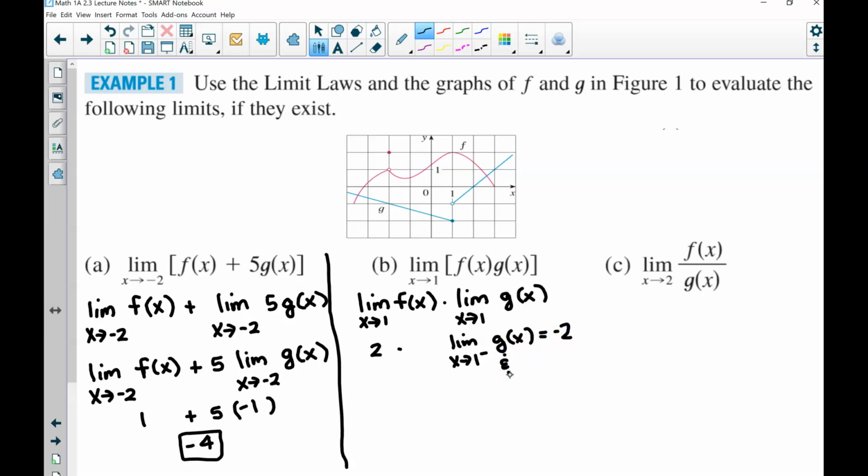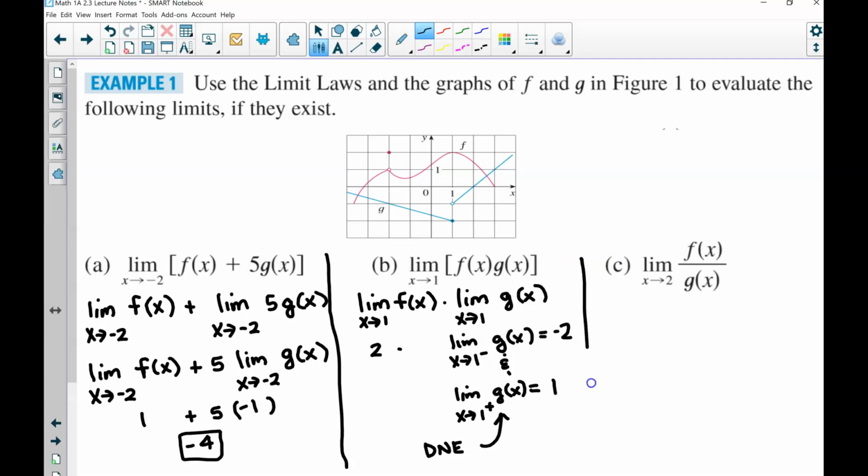And then the limit as x approaches 1 from the right of g of x, as you're moving from the right of this blue function, the limit of that is 1. And since they do not equal each other, we can't even simplify this. So we would say that this limit does not exist because of the limit here on the right side.